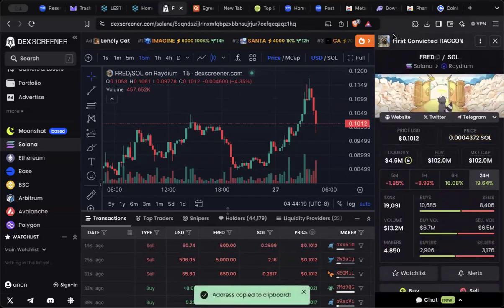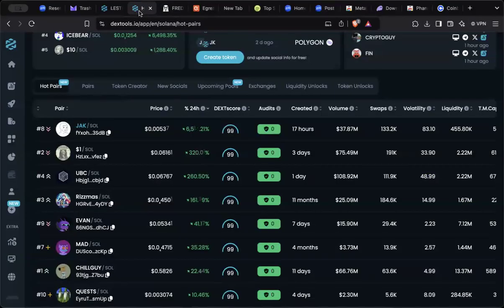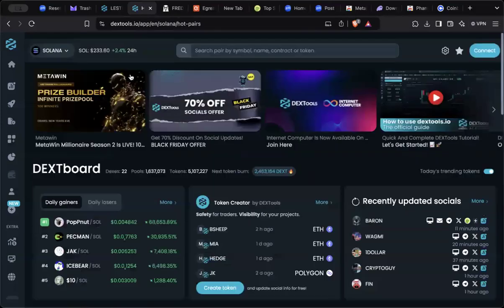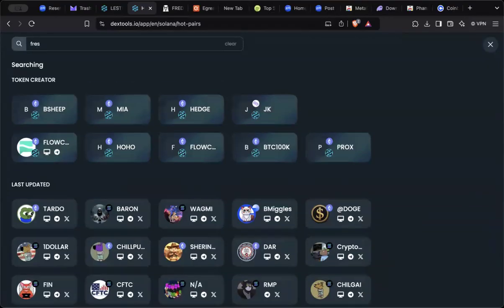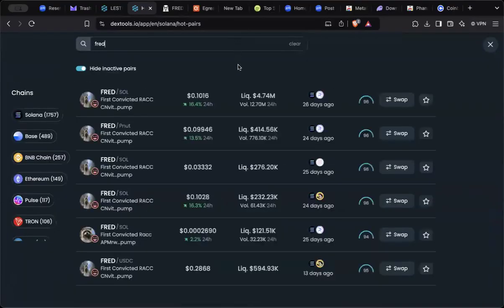So from here, you now want to go to Dex Tools. Dex Tools will hold more information. So if you type in Fred, first convicted, they'll have different ones.